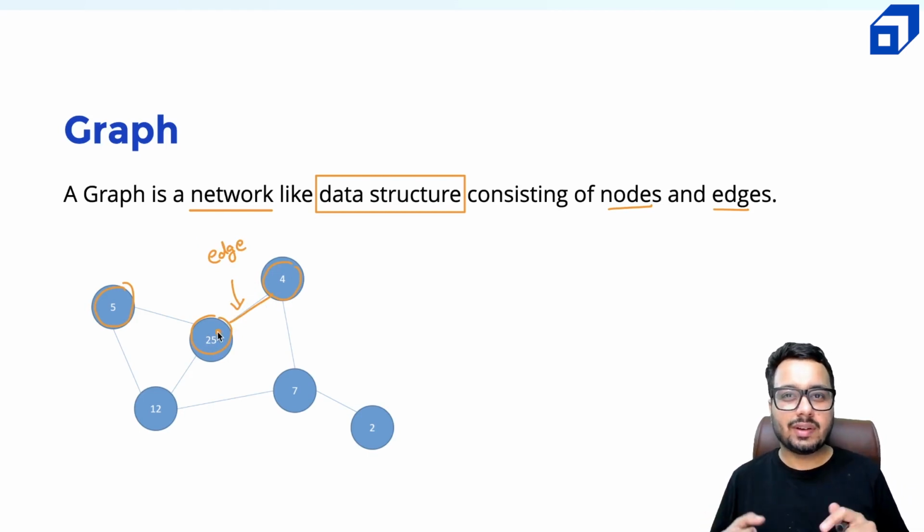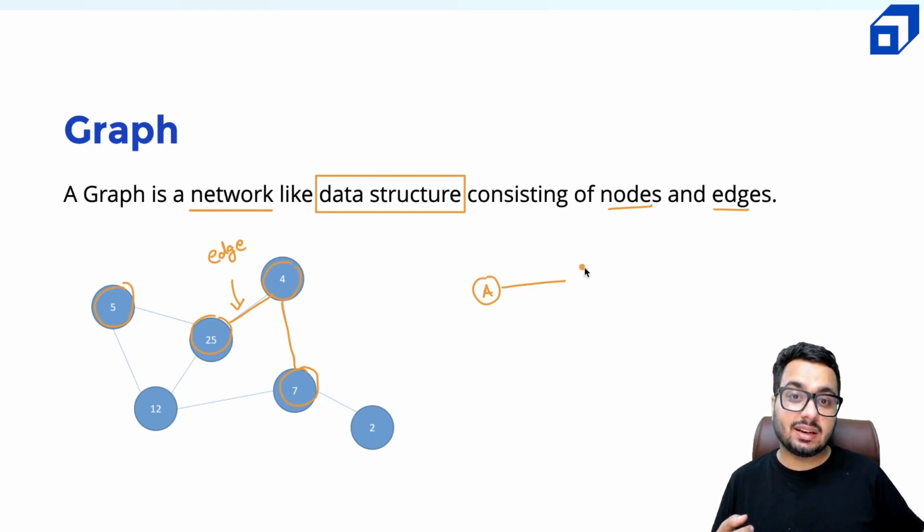So can we think of any real life example where the data might have connections between certain objects? Of course, yes. If we talk about cities, then cities are connected with each other through connections which we call roads. If we talk about a social media graph, for example, this is person A and he is connected with a person B, and A is also connected with a C. So we say B and C are friends of A, or A and B are connected, A and C are connected.